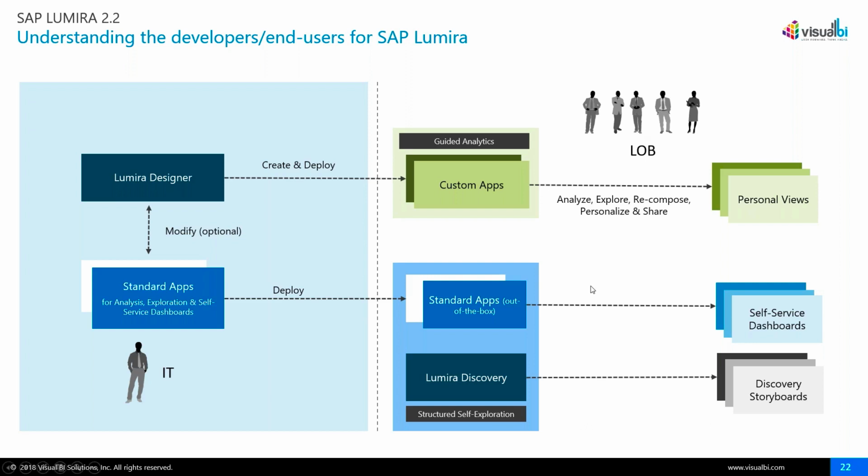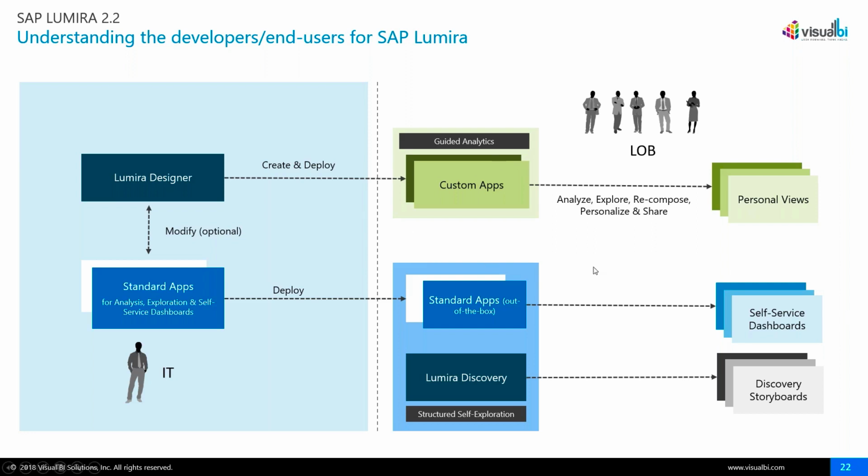In that case, an ideal tool to use would be Lumira Discovery. Right? It's very suitable for them because it's very intuitive, easy to start using for a line of business user, and allows these users to perform what we call structured self-exploration, where they take in the data on their own and they perform their own exploration.